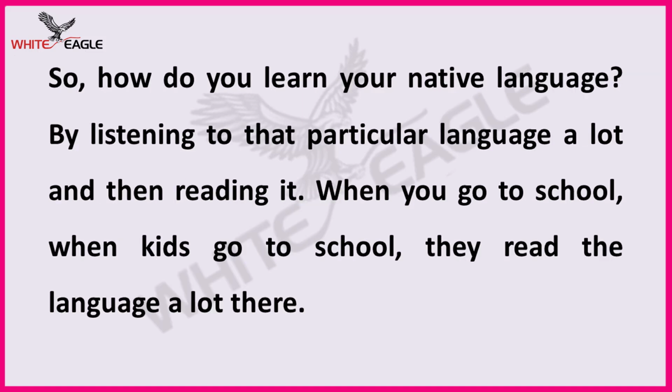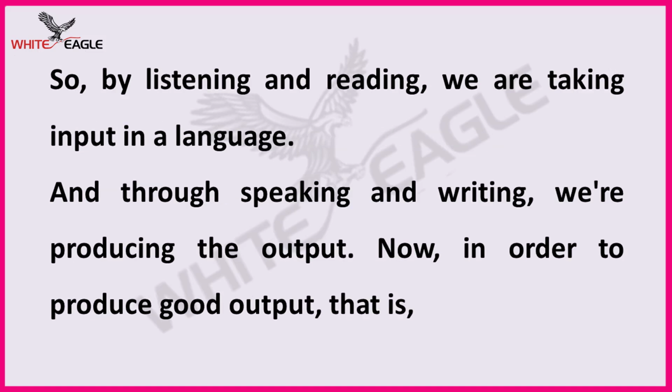So how do you learn your native language? By listening to that particular language a lot and then reading it. When kids go to school, they read the language a lot there. So by listening and reading, we are taking input in a language. And through speaking and writing, we're producing the output.